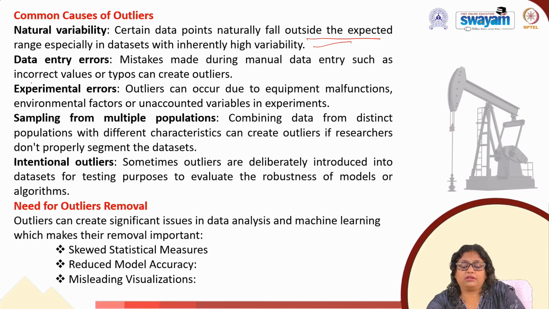Another type is experimental error, where outliers occur due to equipment malfunction, environmental factors or unaccounted variables in the experiment. Sampling from multiple populations also causes outliers. Combining data from distinct populations with different characteristics can create an outlier if researchers don't segment the data properly.